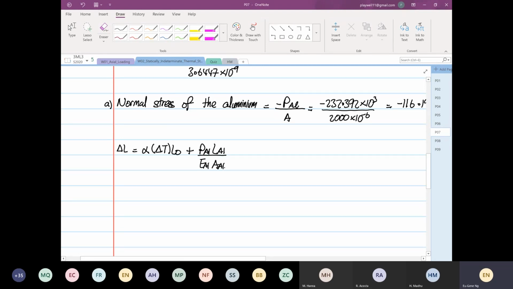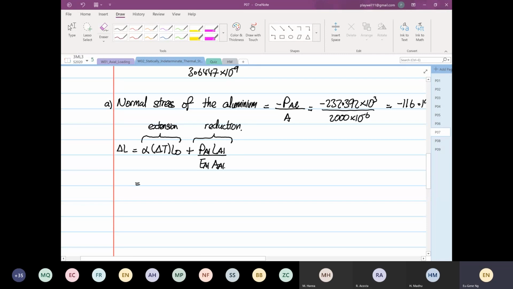Okay, so we know that the temperature change will do extension, and over here the load will induce the opposite of extension. What's opposite of extension? Anyone? Reduction. Right? Because it's going compression.